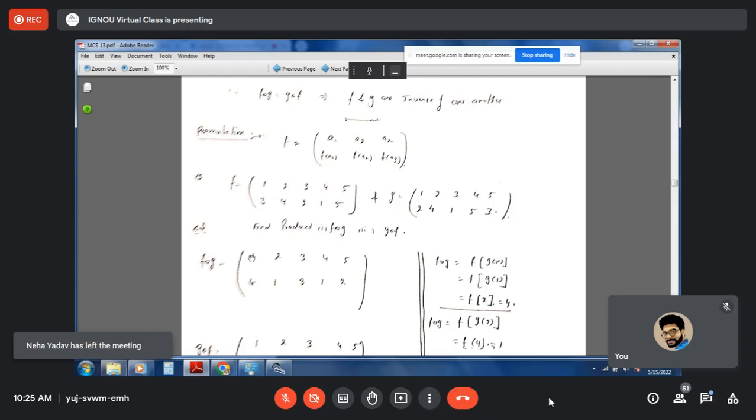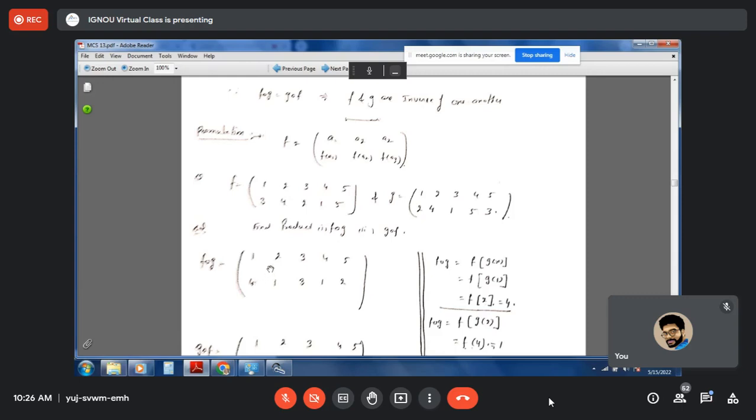We enter into G. It is 1. What is the image of 1? 2. The image of 1 is 2. Now from G, go into F. Here it is 2. What is the image of 2? It is 4, and it is our answer. We write it here, 4. Got it.